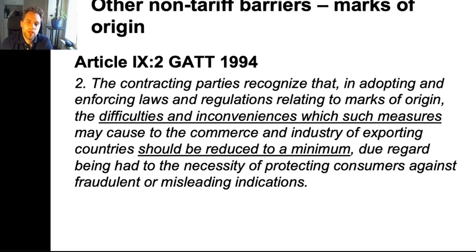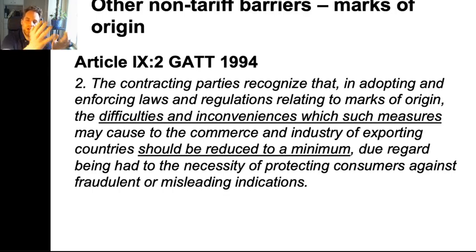The key rule here is to be found in GATT Article 9, paragraph 2, where there is an obligation that in adopting and enforcing laws and regulations relating to marks of origin, the difficulties and inconvenience which such measures may cause to the commerce and industry of exporting countries should be reduced to a minimum, and due regard be had to the necessity of protecting consumers against fraudulent or misleading indications.